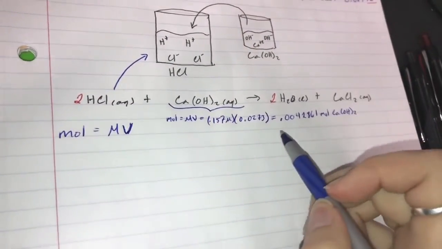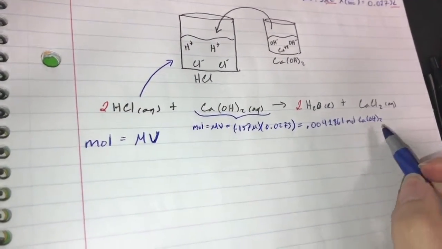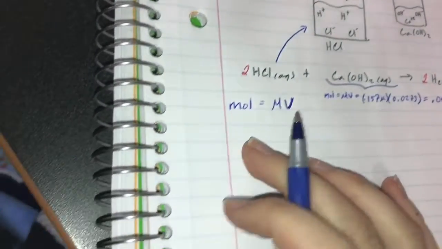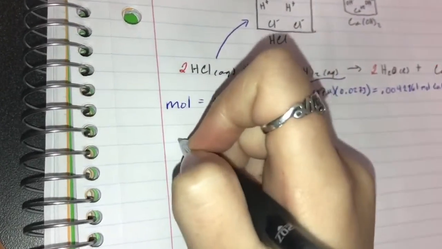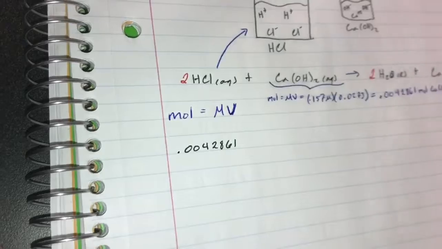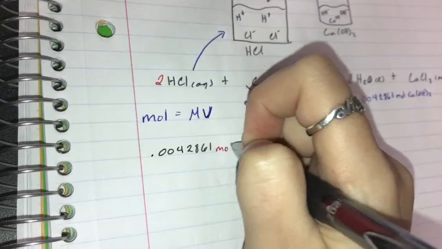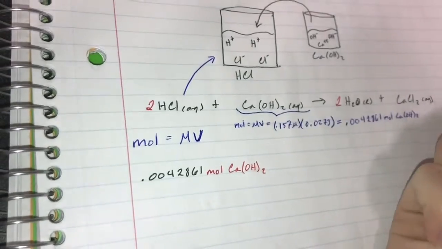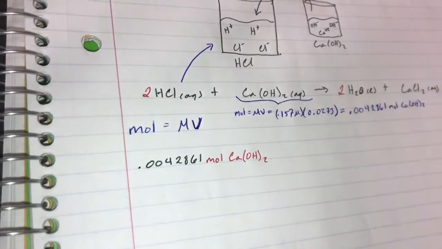Alright, so now we have this giant long number here, and now what do we do with that? We can convert that, the moles of calcium hydroxide, to the moles of the hydrochloric acid, which is something we learned a long time ago. It's a handy dandy little tool. Another little mistake is you would just leave the number as is and you wouldn't label it. And that means you could start mixing up what part of the reaction you're working with, like what unit you're in, and then you might mix something up.